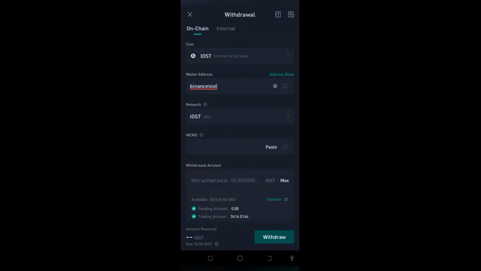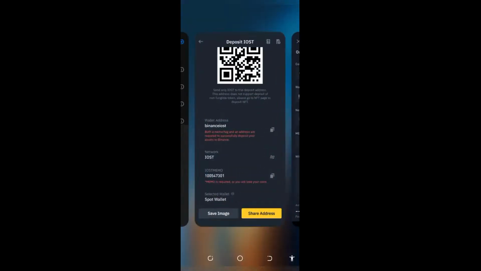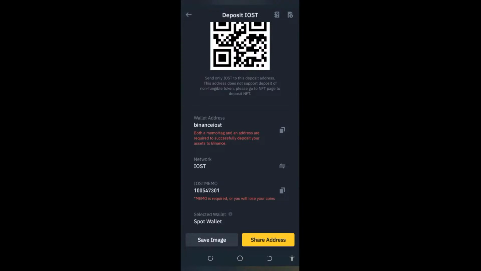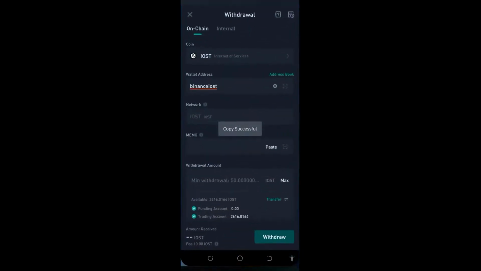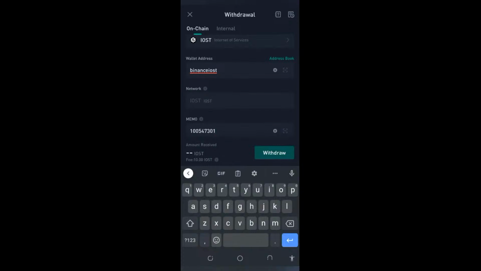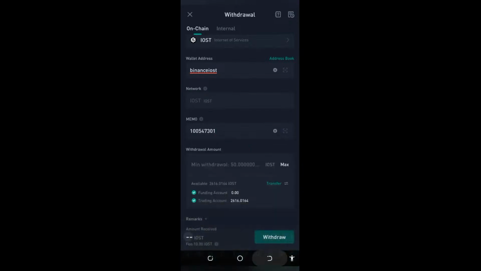Okay, what am I doing? Okay, it looks like it's right. Binance IOST. Then we get the memo. Where's the memo? IOST memo. All right, so we get the memo. Get back in there and we paste the memo. Good. So it looks like everything is going on well.